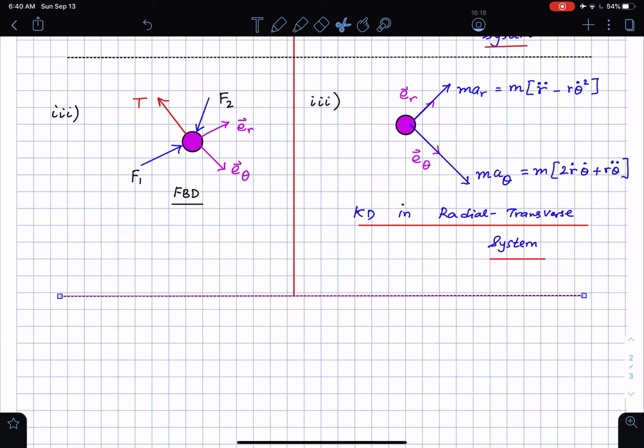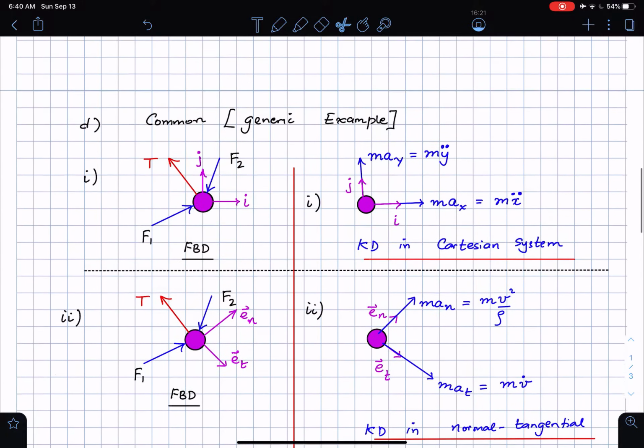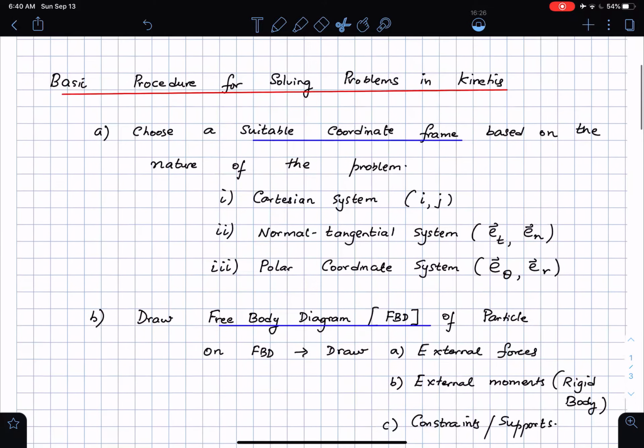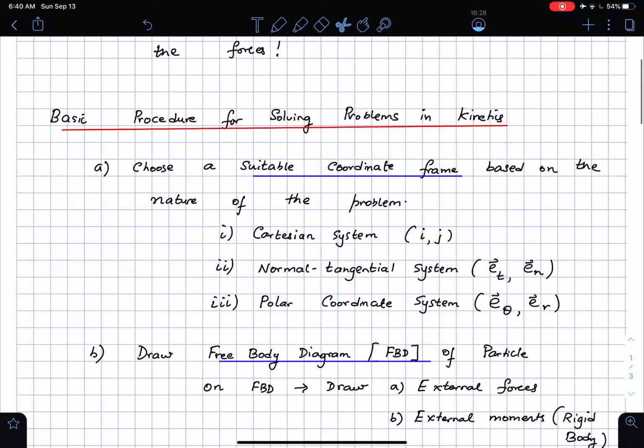One more thing. So that's the end of it. As I said, the basic procedure is the following. I'm not done, but I'm just recapping what I've done so far. I start off with a suitable coordinate frame. There are different choices, and the choice depends on the problem. If the particle is traveling in a straight line path, or it is just performing vertical up and down motion, then obviously the Cartesian system is a good choice.